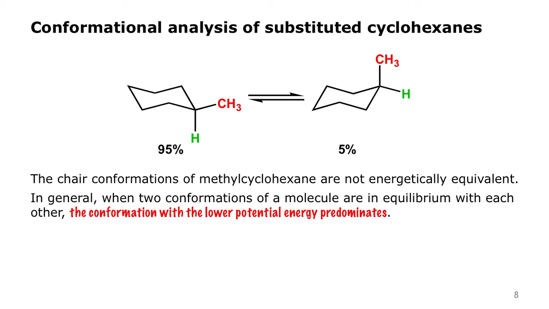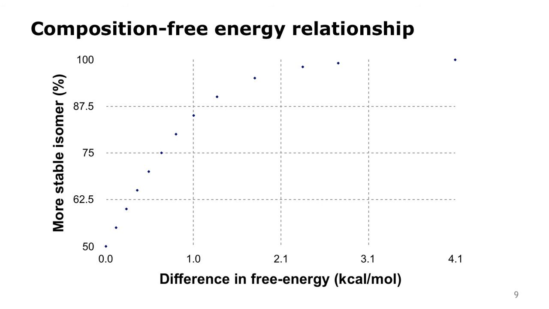So we have two conformations in equilibrium, and we have a 95 to 5% ratio between those. This is a simple free energy relationship, and we've seen this diagram before when we think about conformations. But on this diagram, if we pick out a 95% more stable isomer, we would find this data point on our graph.